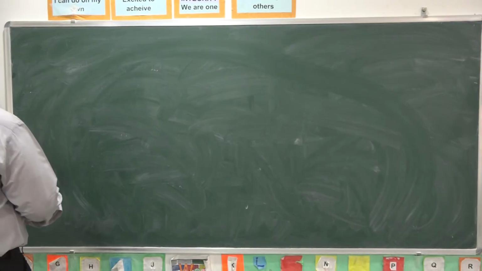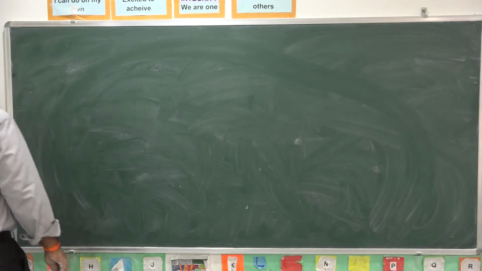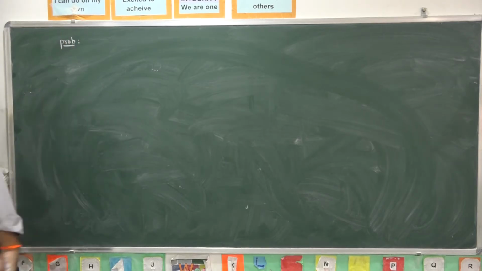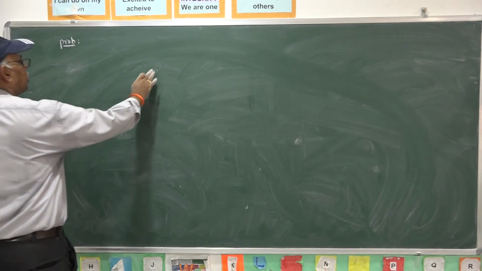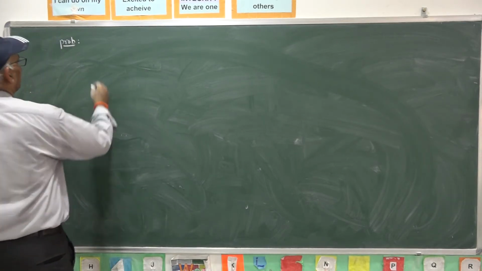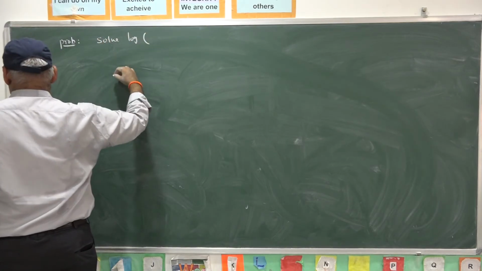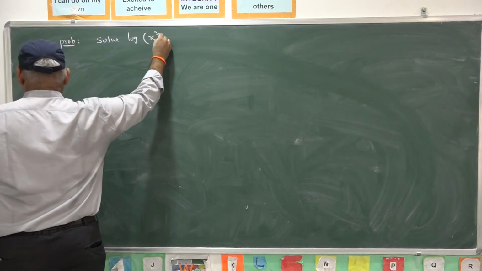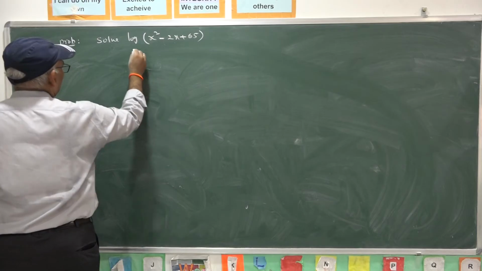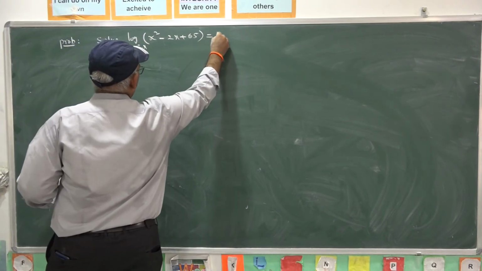Similarly, I will give one more problem based on logarithmic equations which can be reduced to the quadratic form. Solve log of x square minus 2x plus 65 to the base 5 minus x equal to 2.